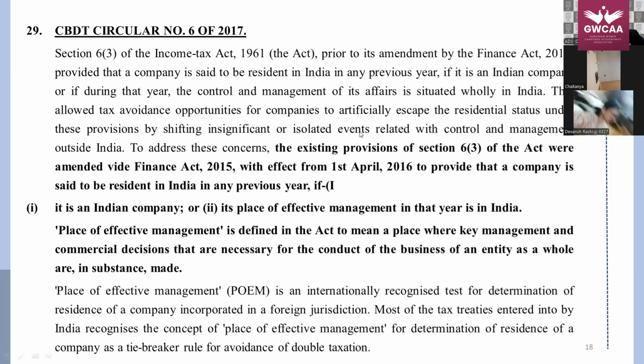So पूरे entire previous year में एक decision से पूरे साल की income तय नहीं हो सकती. तो they specifically brought this concept that पूरे साल में जो भी income generate होती है उसके लिए series of decisions लगते हैं. वो income earn करने के लिए series of decisions लगते हैं, और वो series of decisions management के बहुत सारे लोग इकट्ठे होके लेते हैं. तो that's why आपका जो भी decision making है वो पूरे साल का देखा जाएगा, और उस हिसाब से majority आप जहां पे रह के ये सारे decisions लेते हैं उस jurisdiction में आपको आपकी income offer करनी पड़ेगी. So this is an interesting concept they have brought.